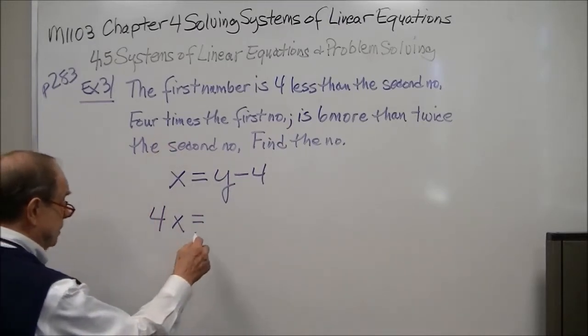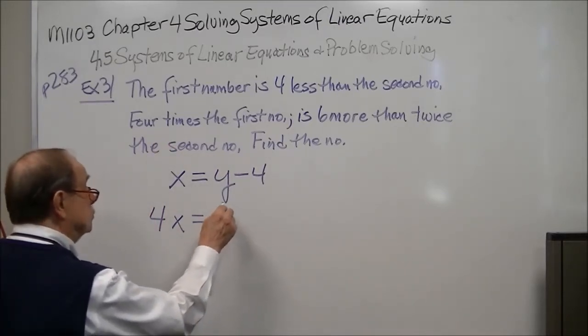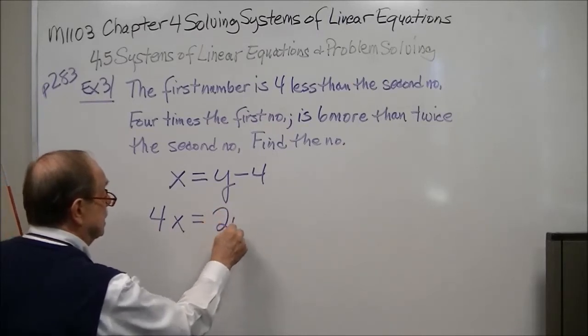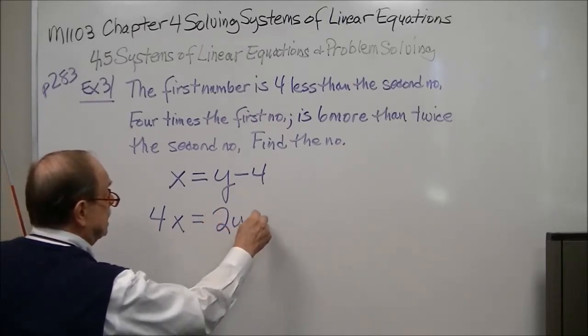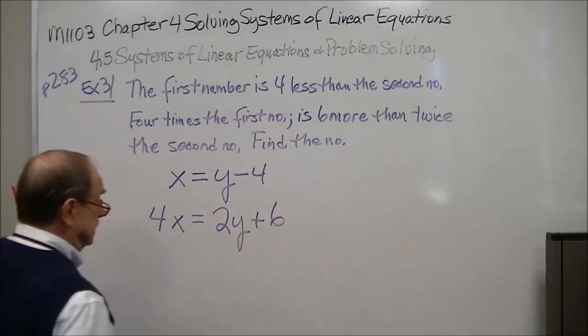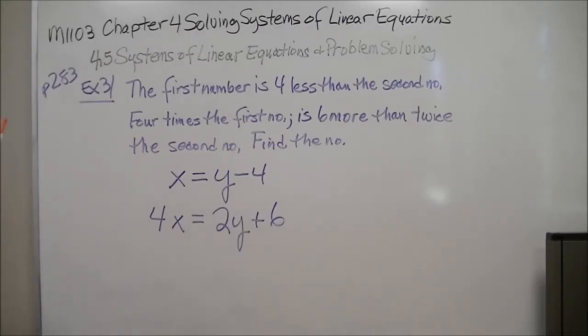Well, the second number is y, so twice y plus 6. So 4 times the first number is 6 more than twice the second number. There's our equations.